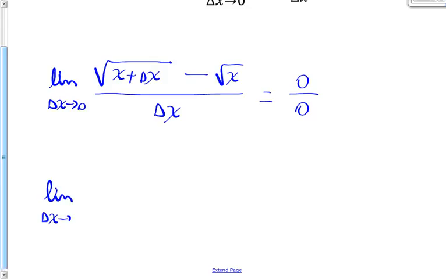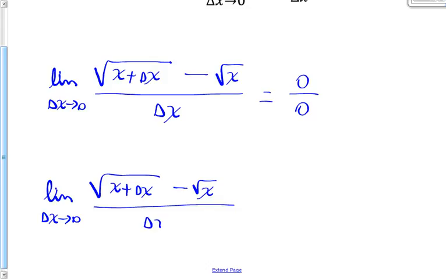Limit as delta x approaches 0 of the square root of x plus delta x minus the square root of x, divided by delta x. And in order to rationalize this, we want to multiply the top and the bottom of the fraction by the conjugate of the square root of x plus delta x minus the square root of x.